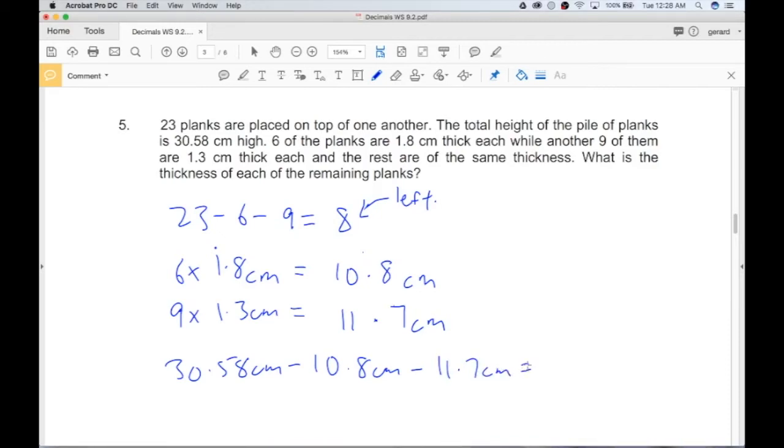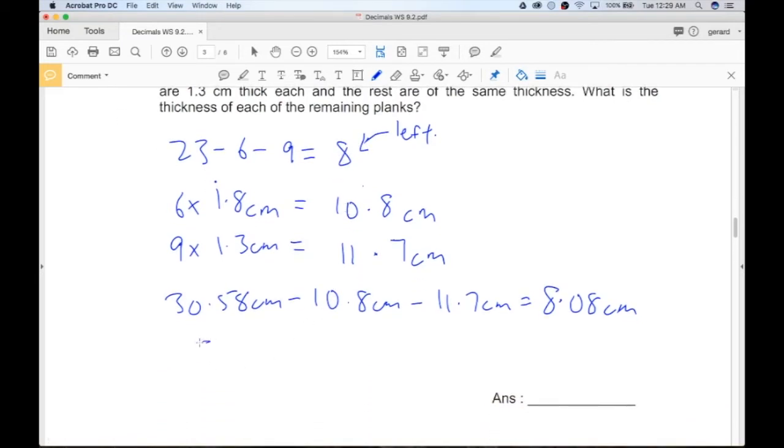Just give me a while, I press my calculator. 30.58 minus 10.8 minus 11.7. I'll get 8.08 cm. Now this 8.08 cm is the total thickness of these 8 that are left. So we simply do 8.08 cm divided by 8. That will give you 1.01 cm.